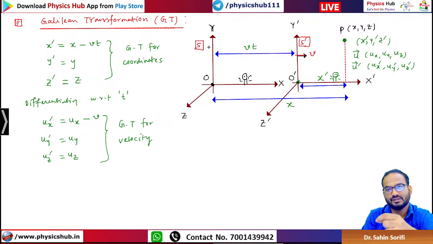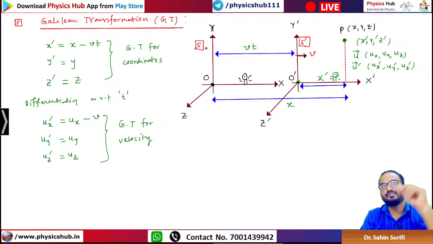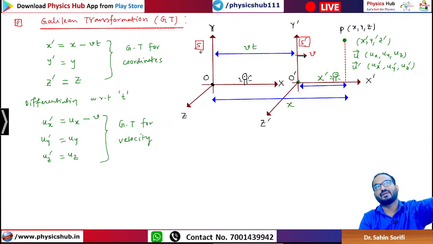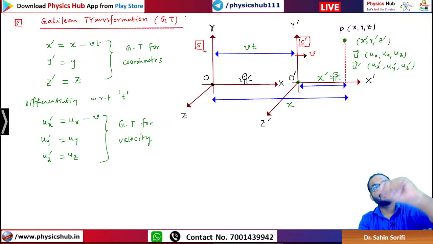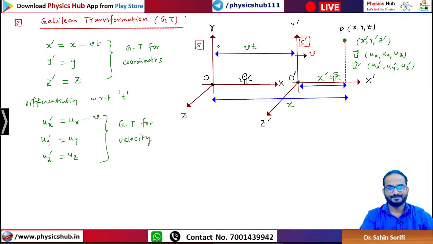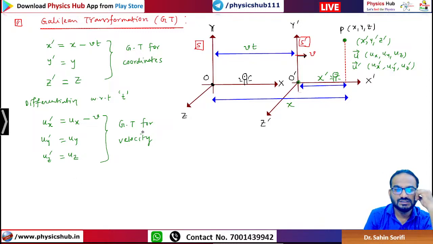So he will be the S prime frame. Now the bee is moving. You are measuring it from S, and your friend on the bike will measure the coordinates and everything in terms of the S prime frame.